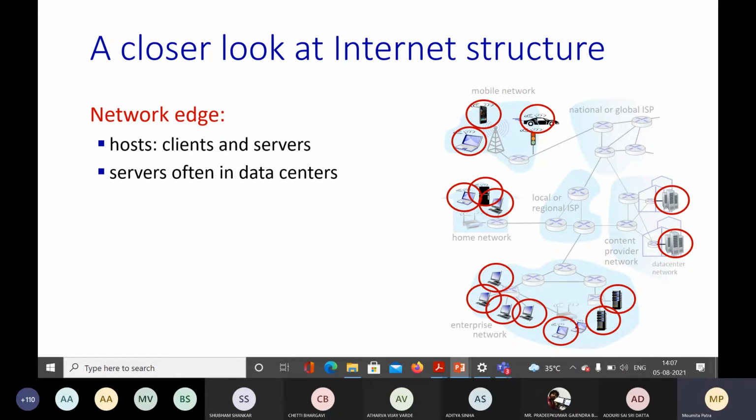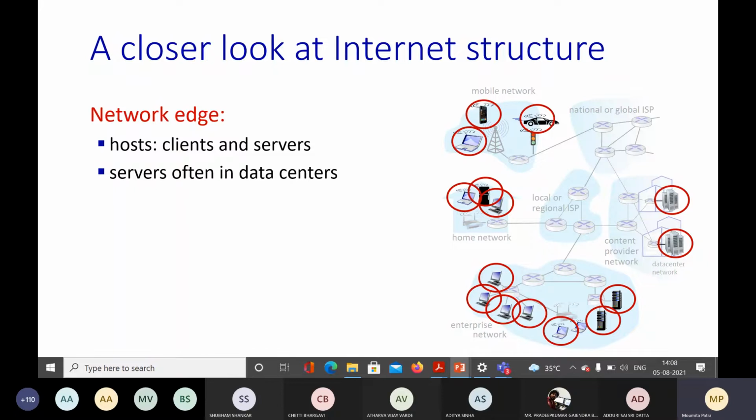You can also have data centers at the edge, right? At the edge we have devices which, as I told in the last class, are responsible for running applications and serving the users.